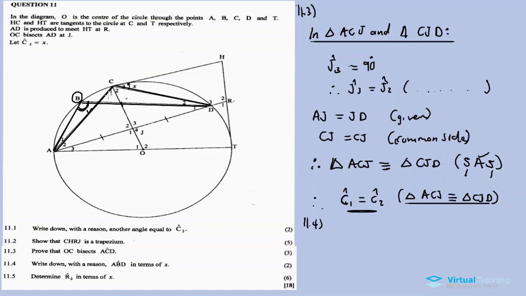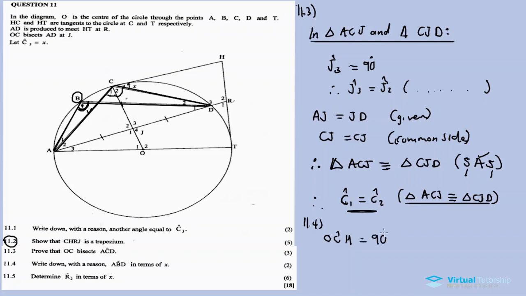as we calculated on the previous question, will in fact help us calculate angle B, right? Angle B, since C2 and C1 are both equal. Look, this angle OCH, you remember in 11.2 when we proved the trapezium, we ended up calculating OCH.